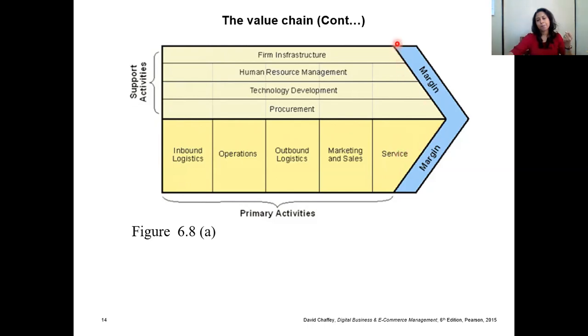So at the end of all these processes, the firm has its own profit margin before delivering the final good or the service to the consumer, right? So that's just a brief insight to the value chain.